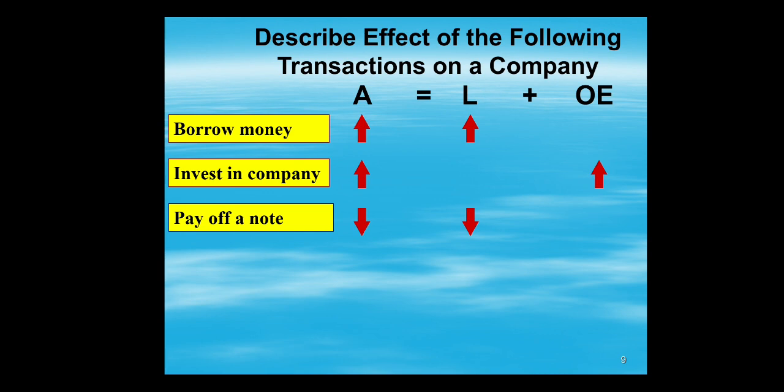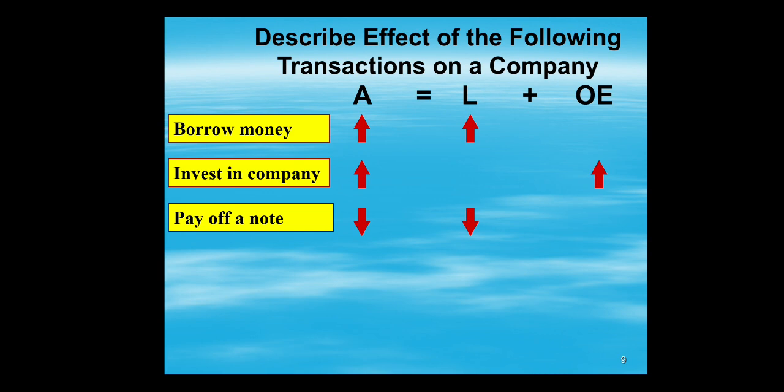So the transaction of borrowing cash from the bank will affect cash. There will be an increase in asset cash, 100,000. And the second effect is on the right side of the equation: liability will increase. The name of the liability is bank loan, and the amount is $100,000.